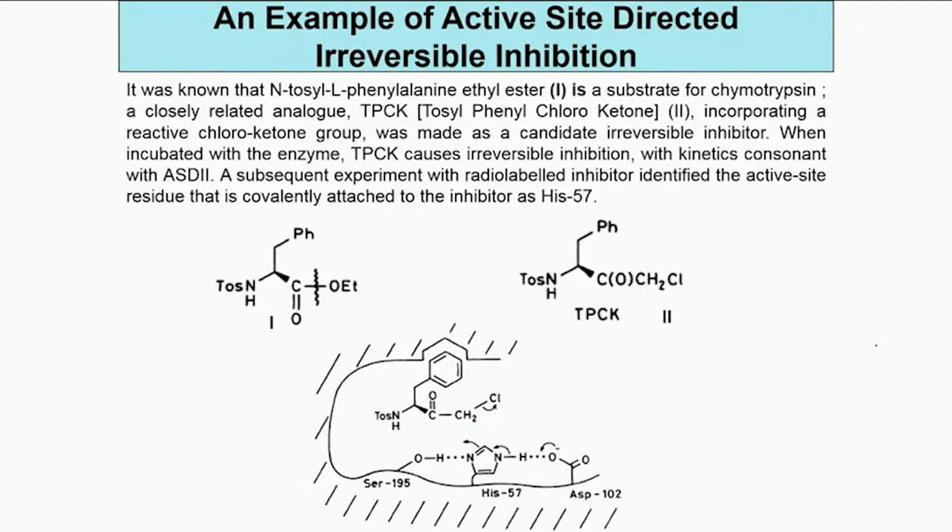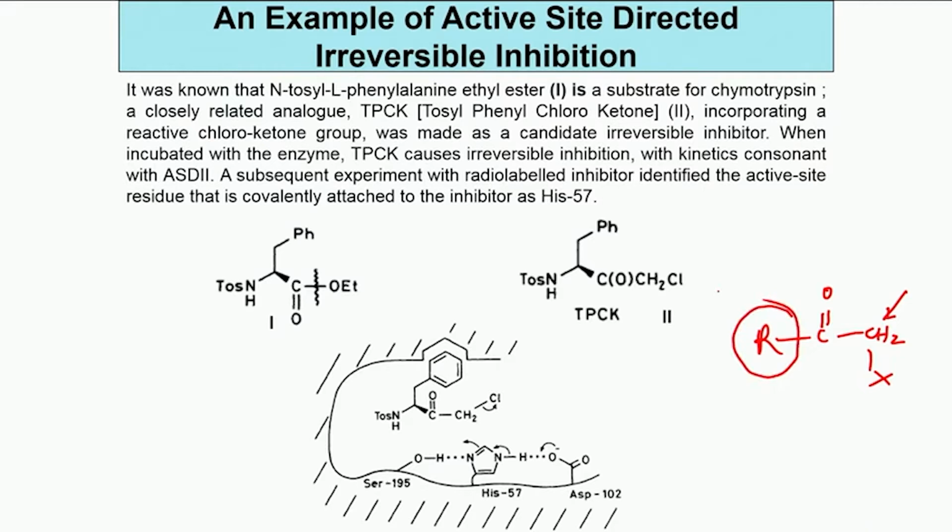What is a better example? I told you that most of these inhibitors are based on systems like this, where this is R. They will all be inhibitors because this is very reactive. Now, if you want to design a particular inhibitor for a particular enzyme, then you have to think of what could be my R. Okay.